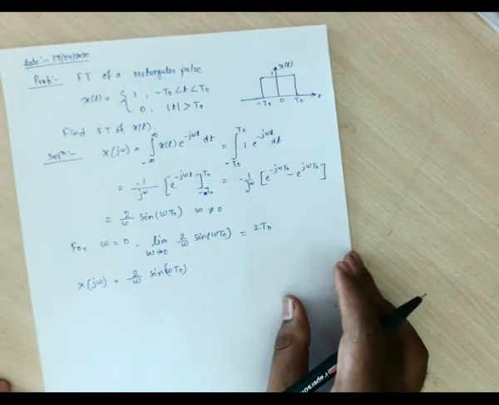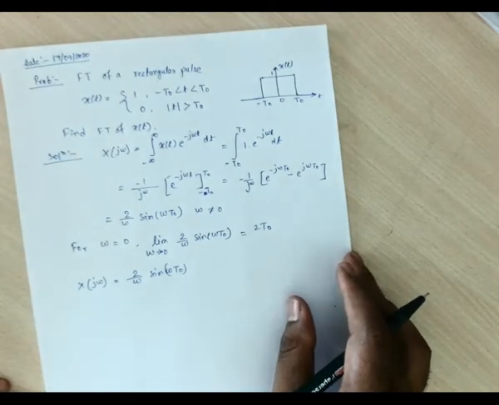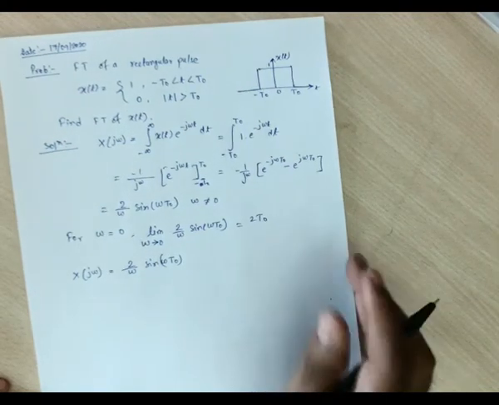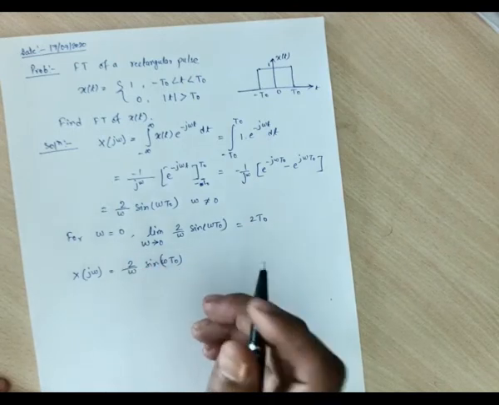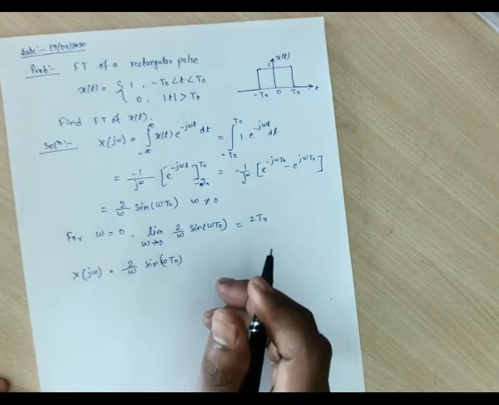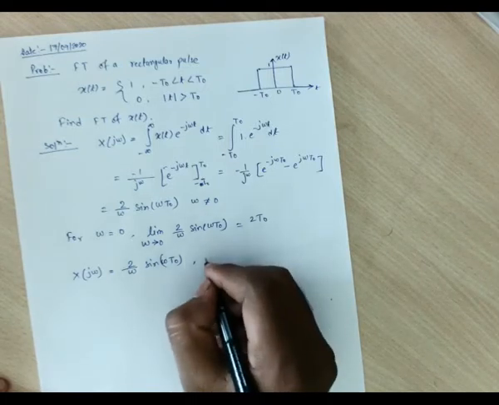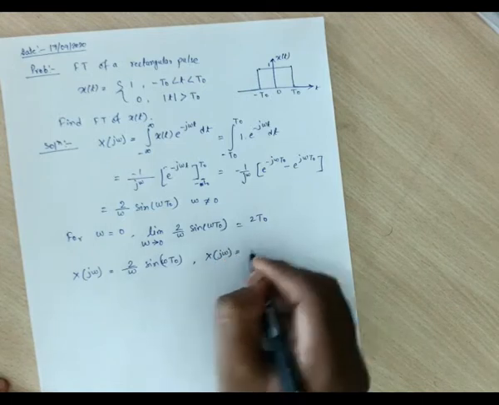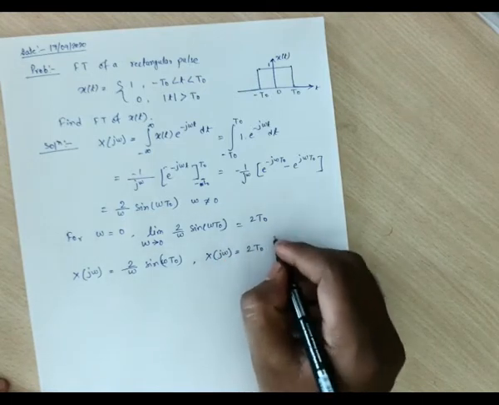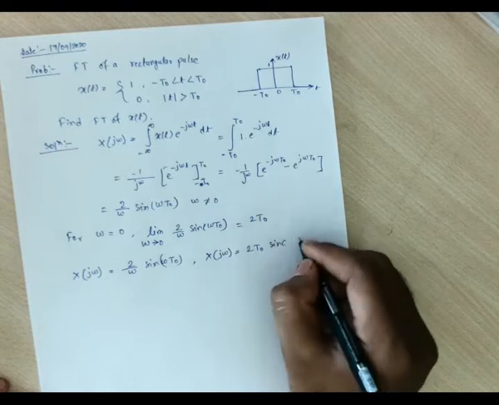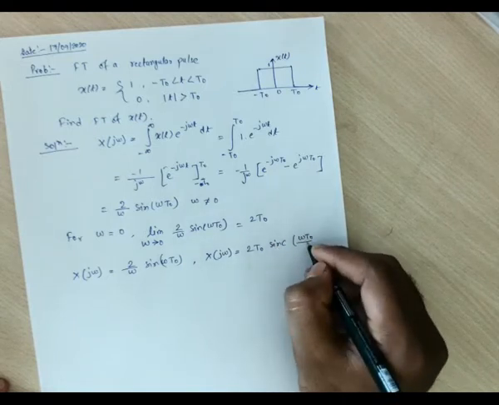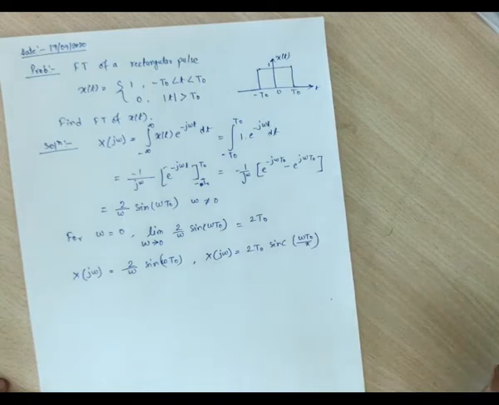From this we can find the magnitude spectrum as well as the phase spectrum, or we can write this as a sinc function also. X of j omega is equal to twice t naught sinc of omega t naught by pi. So this is in terms of the sinc function.